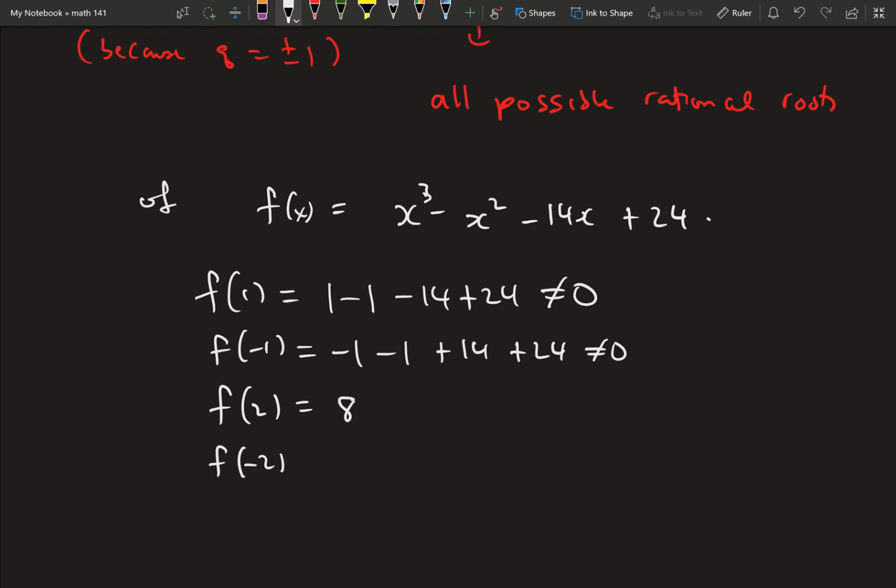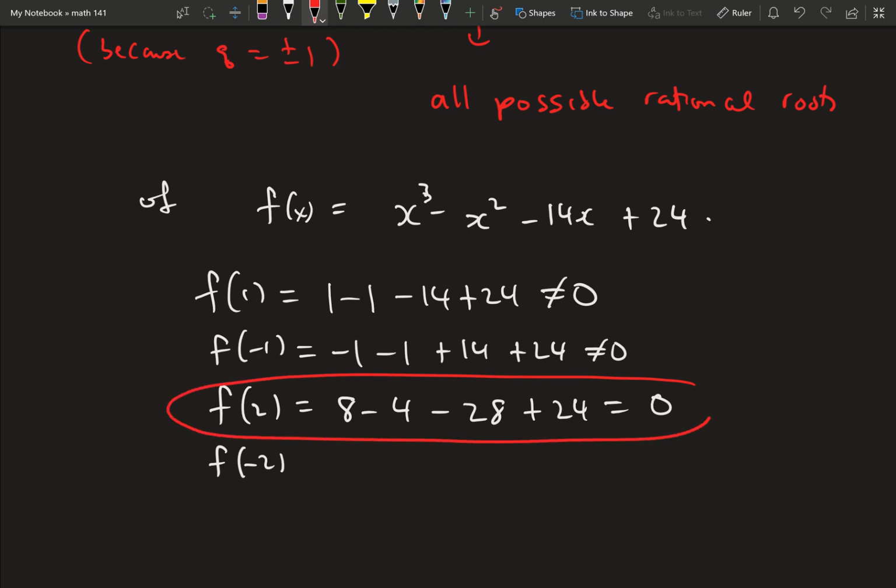2 cubed is 8 minus 4 minus 2 times 14 is 28 plus 24. And what do we have here? Well, 8 minus 4 is 4. 4 minus 28 is minus 24 plus 24. This does give me 0. So this one is a root. I'm not going to go on to the next one because we found one that worked.